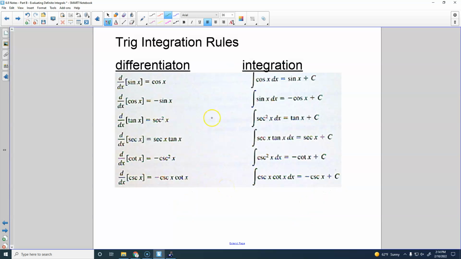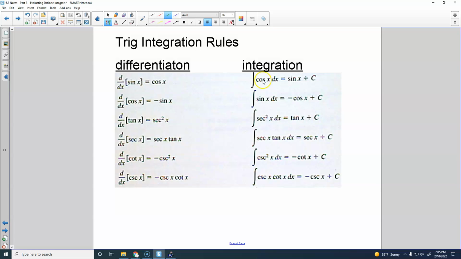All right, so trig rules for integration. I am not going to have you write every single one of these down. They're basically just the opposite of our differentiation. These are in the front or the back of your book if you want to write them down. When we take the derivative of sine, we get cosine.